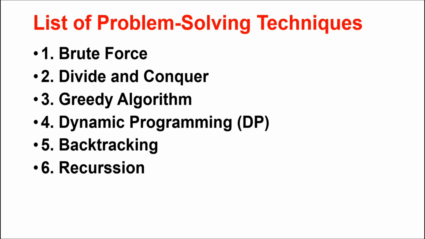And next one is backtracking. Backtracking is a refinement of brute force where you explore possible solutions incrementally and backtrack as soon as it is determined that the solution cannot be extended to a valid one.